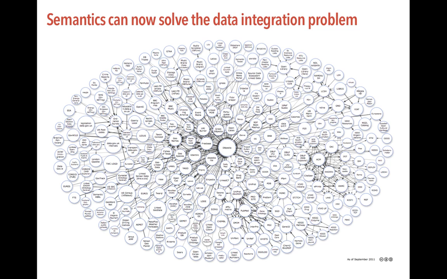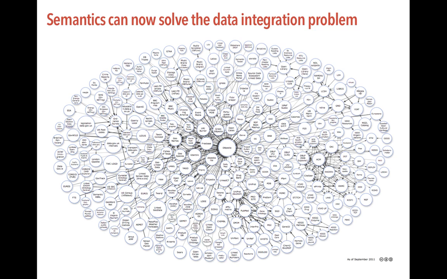In the last few years, we've been able to practically employ semantic technologies to properly map together all the data that we want to map together, relating to drugs and genes and diseases and targets and compounds and pathways and disease states and side effects and so on.